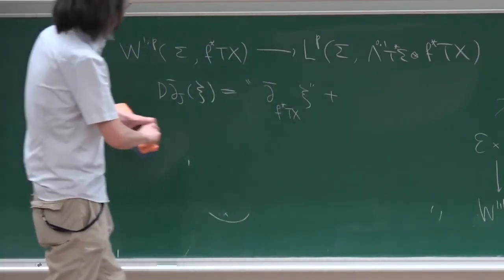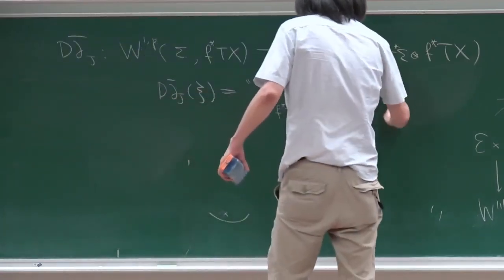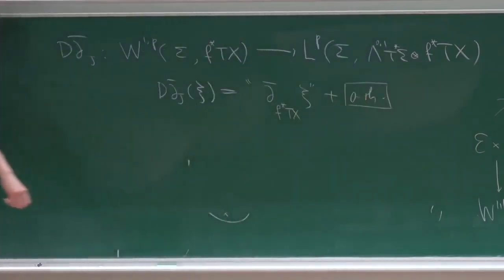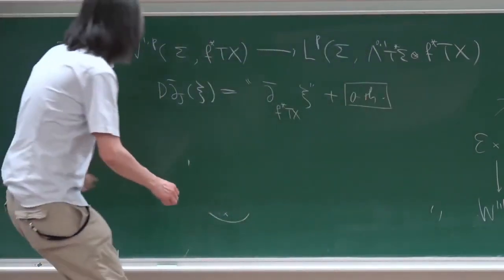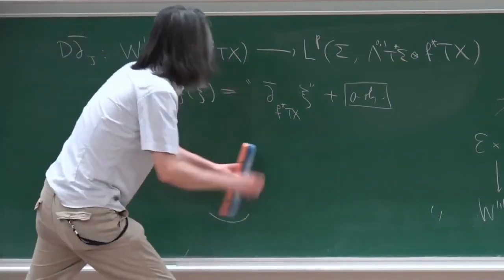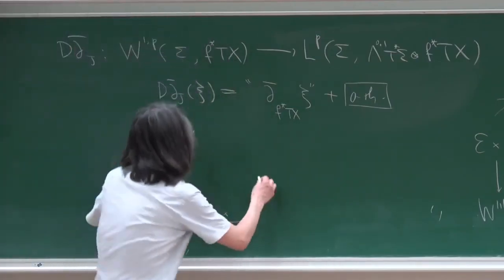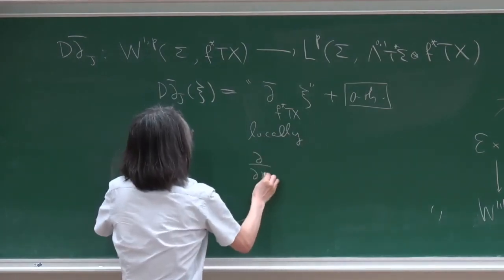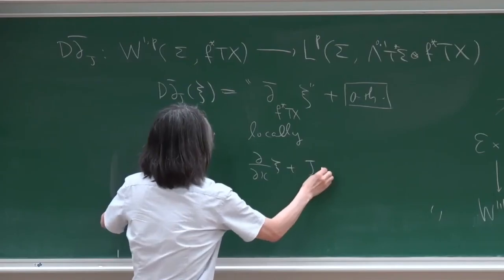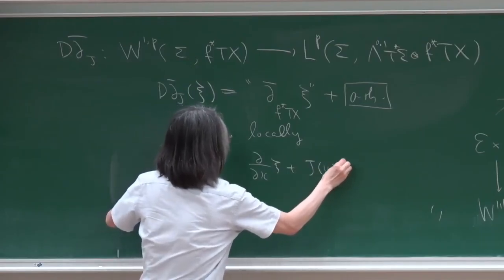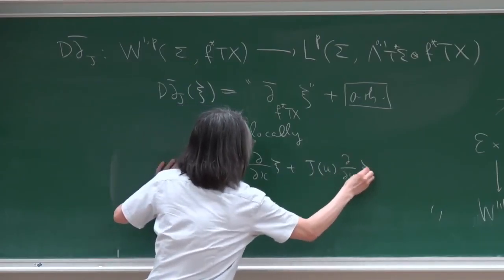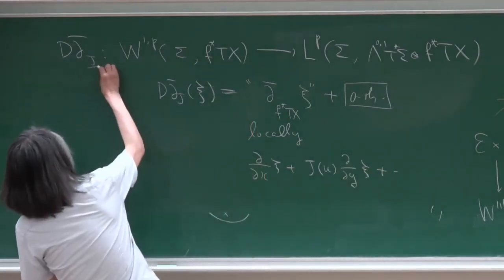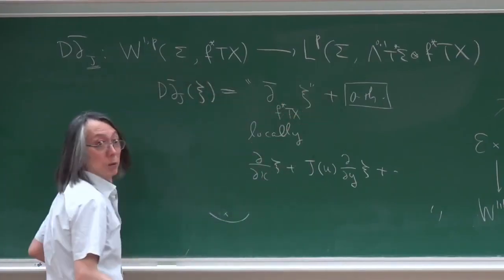That is maybe just a zeroth order term, so it is not so important. But the main term is locally d/dx of psi plus J of u d/dy of psi, plus something like this. Now if you fix J, then it may not be surjective.